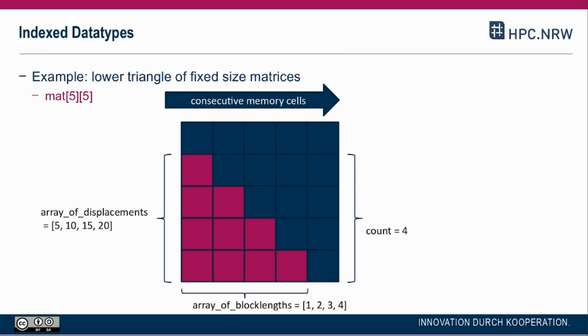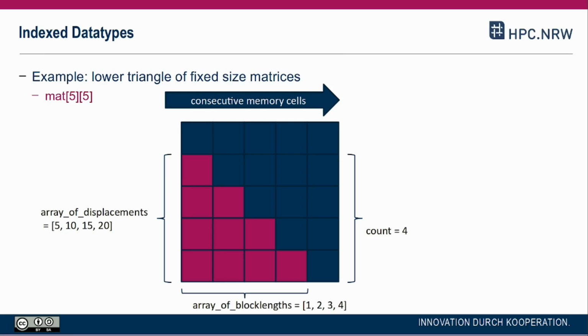So in the resulting type, I want to manipulate the lower bound of my data type to make sure I skip the first row before I start sending this. So the array of displacements here is 0, 1, 2, 3, 4, 5.